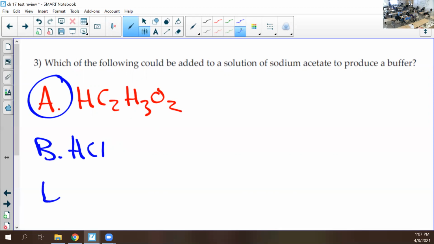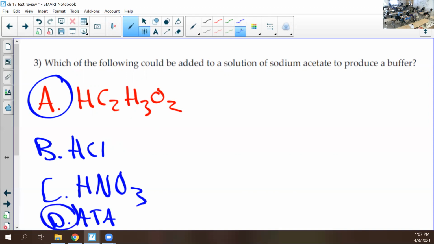C could say HNO3, and D could say all the above, and you would choose D. It has to have a strong acid, or it can be a weak acid with its conjugate.